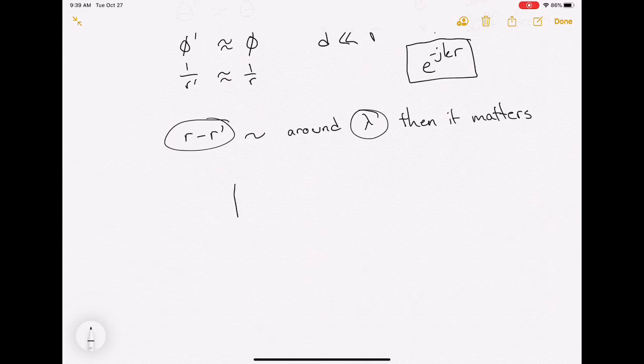Let's look at this. I've drawn this picture for you before when I was talking about the far field, but we're going to review it again in the context of arrays.